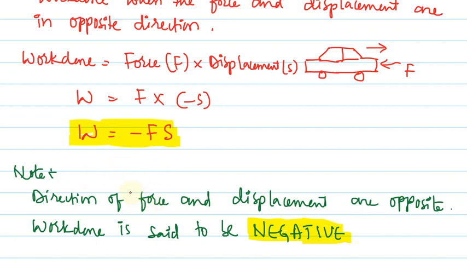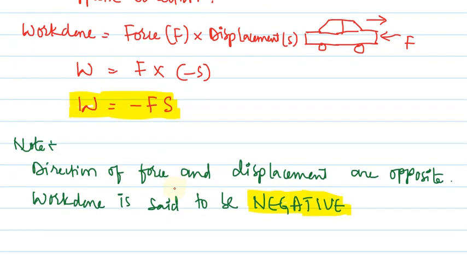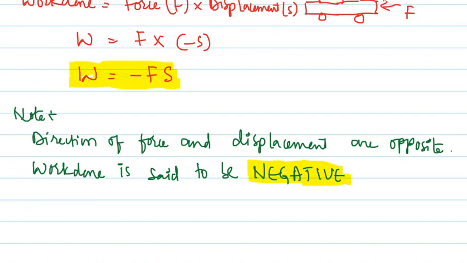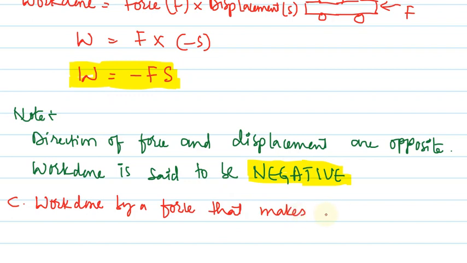Now let us see the third possibility, where the expression of work done is different. Third possibility, that is C: work done by a force that makes an angle with the direction of displacement.